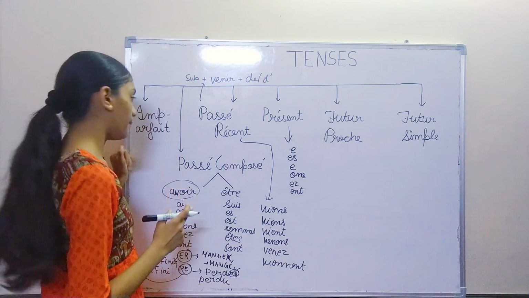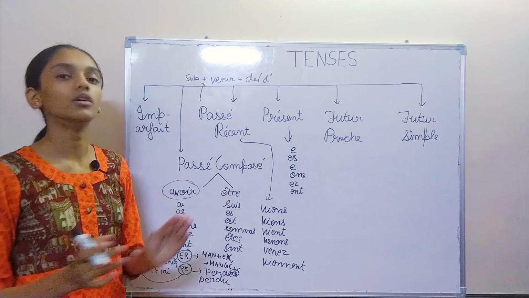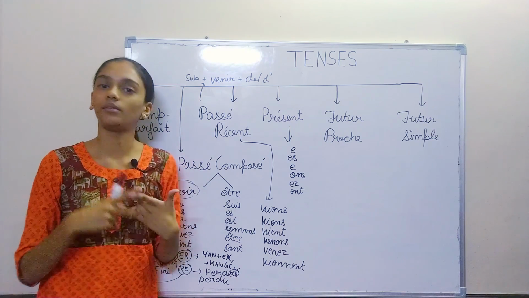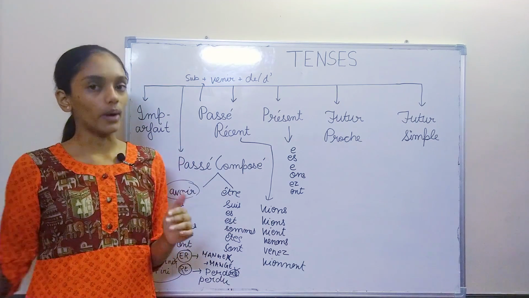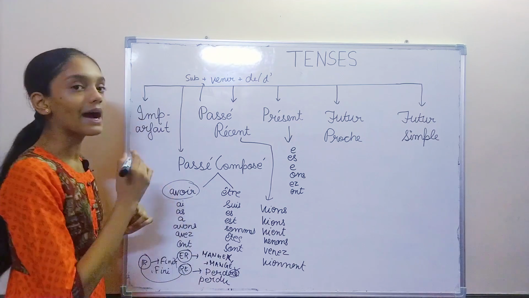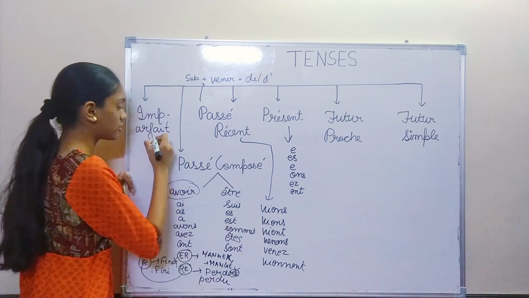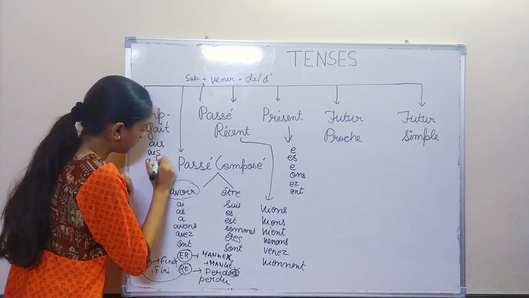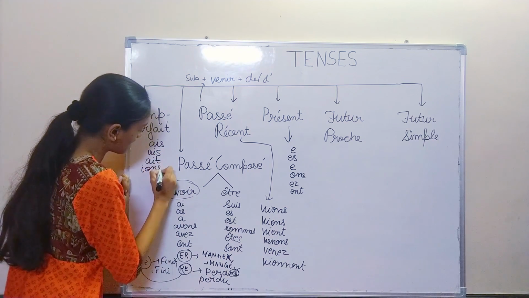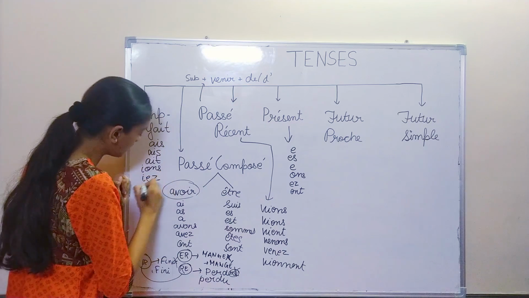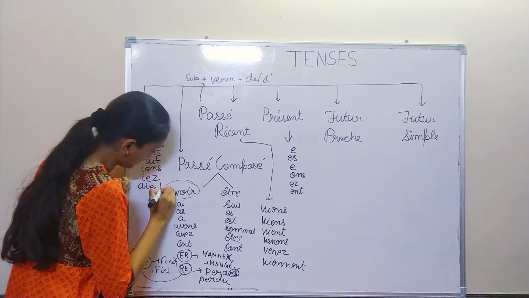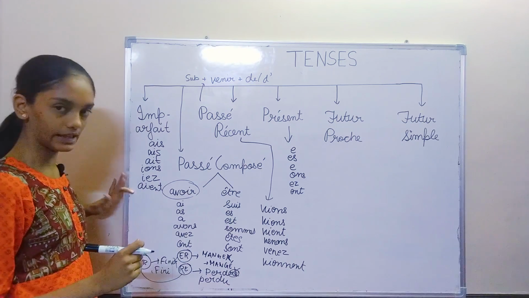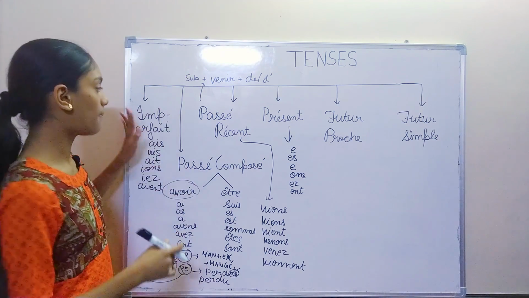So to form Imparfait, you take a verb, conjugate it in its nous form, which is first person plural, remove the ONS and then add the endings: AIS for je, AIS for tu, AIT, IONS, IEZ and AIENT. Je, tu, il/elle, nous, vous, ils/elles. Okay. So this was about the past.